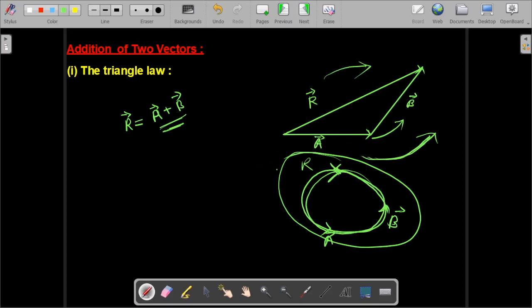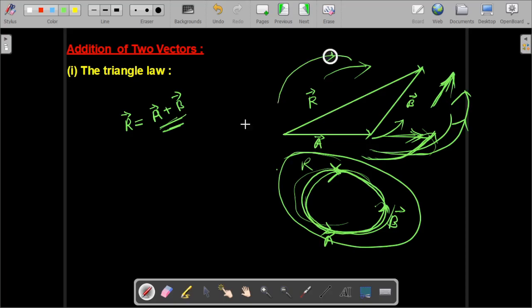Actually, their directions are different, but you can compare with this rotation, from this to this, rotating like this.